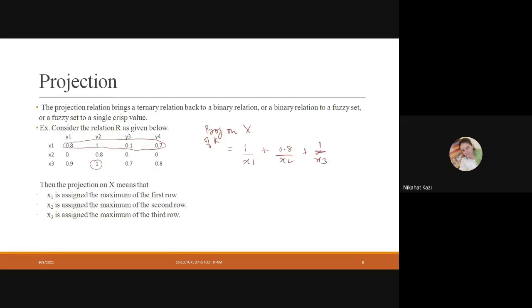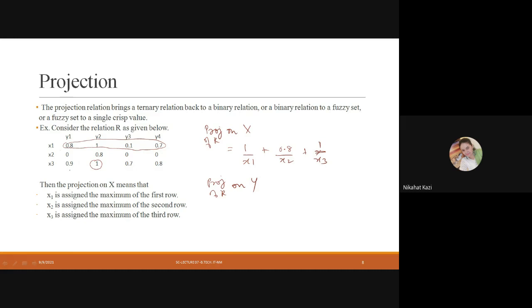If you want to find projection on Y, it is the same operation, and you will get a fuzzy set in universe Y. You perform the same operation column wise.